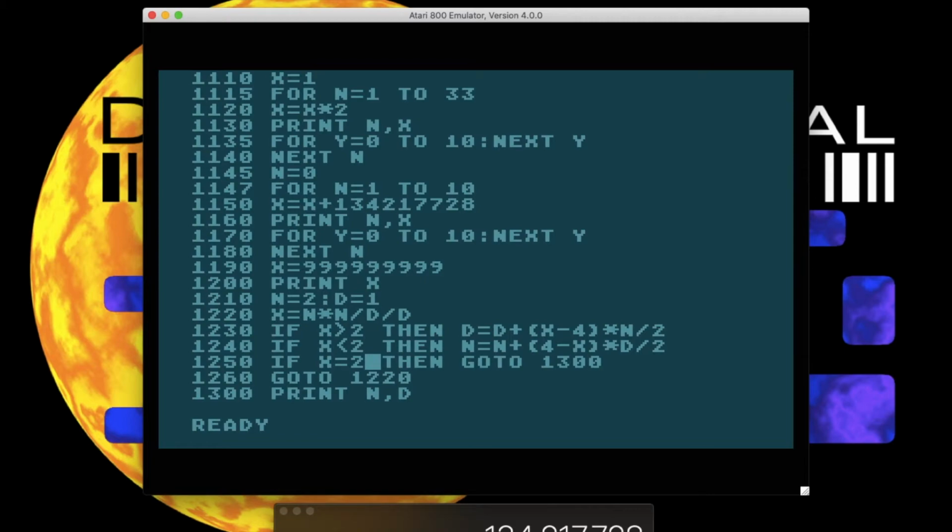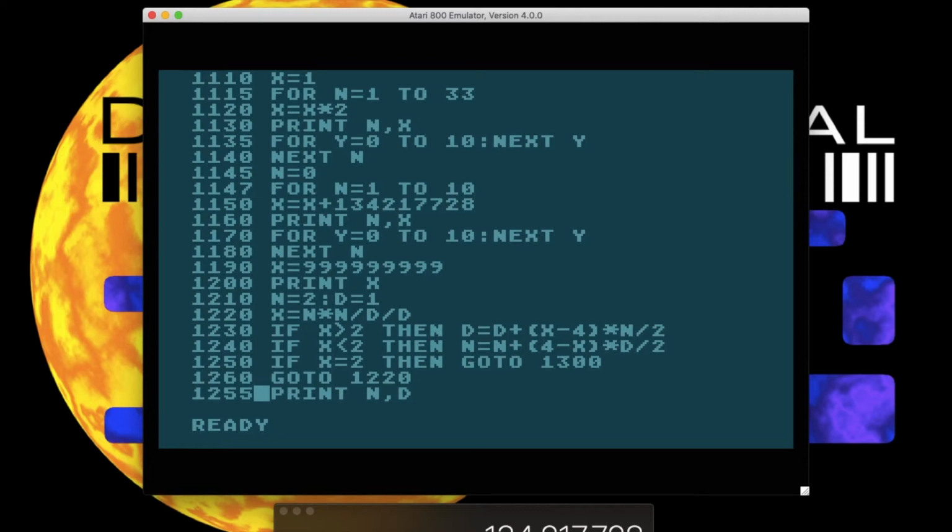All right, and we should put the print statement inserted in here. 1255.